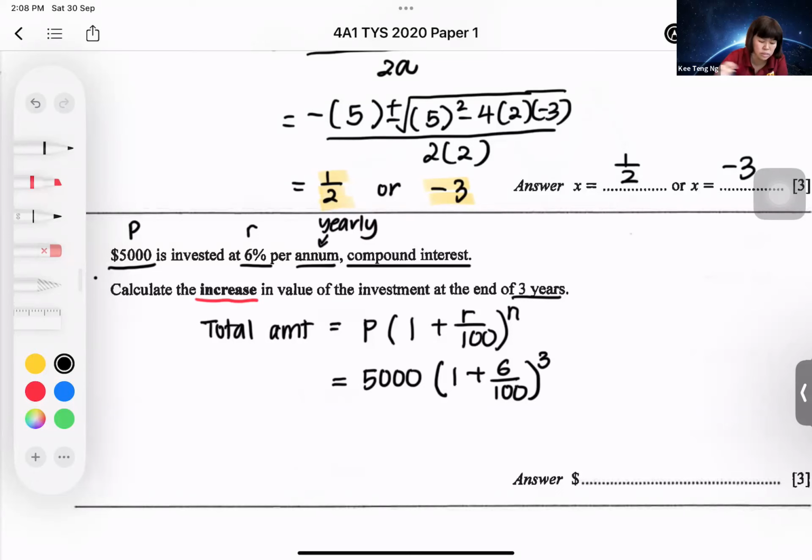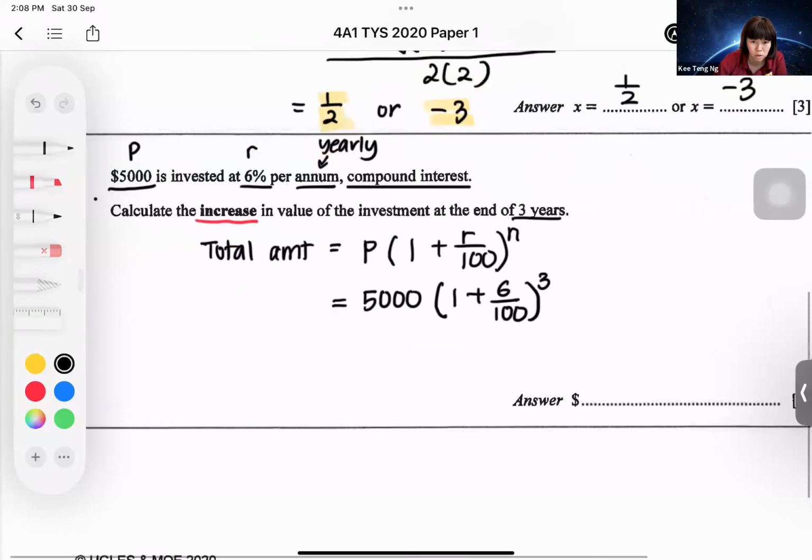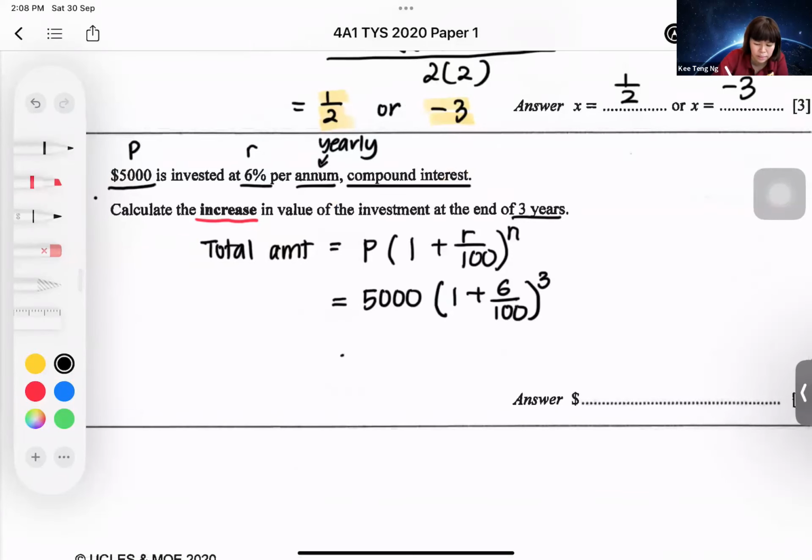And that itself, this is money. We are talking about money. So we want the number to be in decimal places. 2 DP, 2 decimal places. 5955.08. But this is my total amount. The question is asking for increase. So I need to check, how do I find the increase?